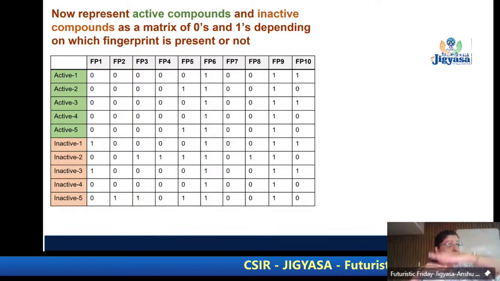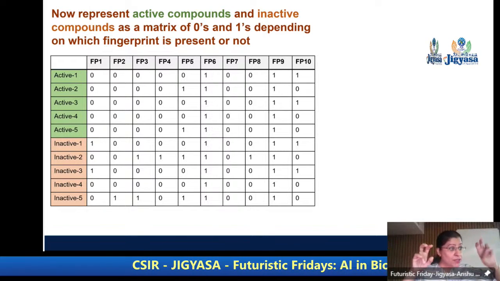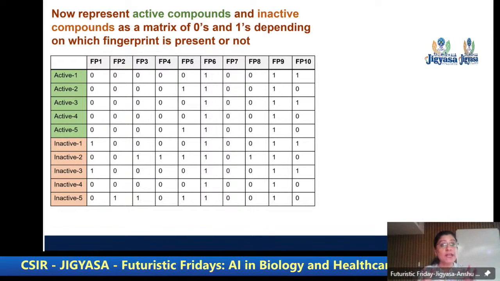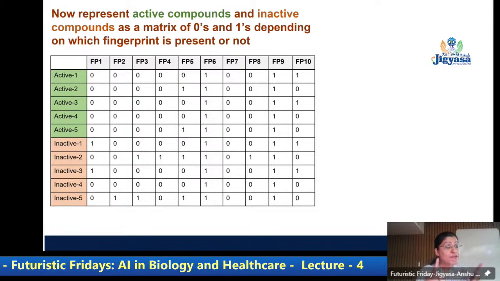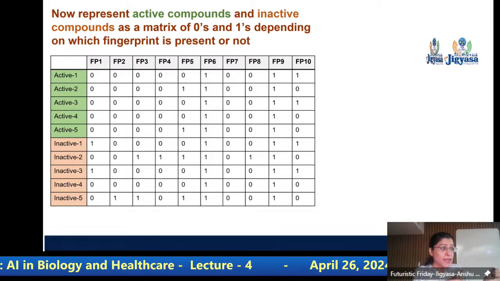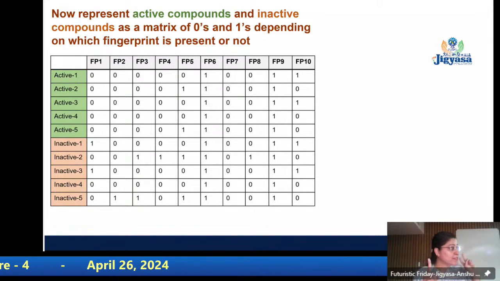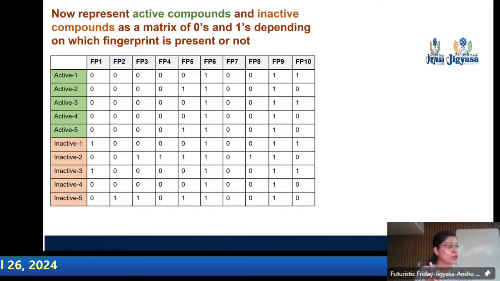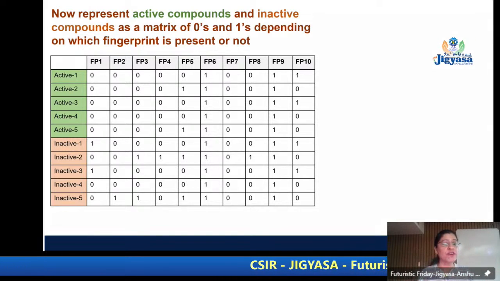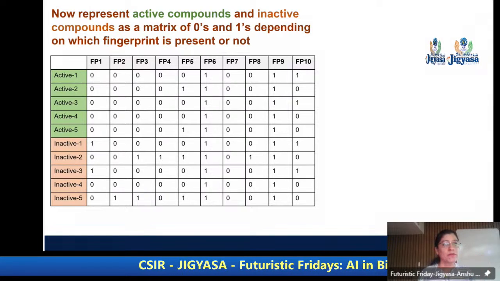Your initial top 30 green ones which you found active and the below 70 ones which you found inactive. And the way we did 0 and 1 on the previous slide, which fingerprint is present, you say 1. If it is not present, say 0.